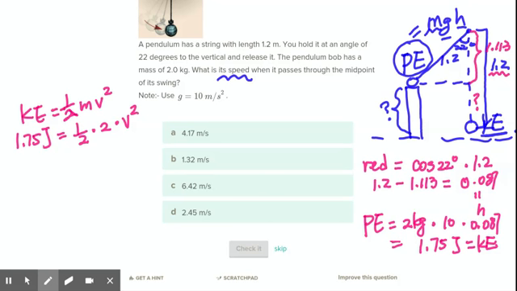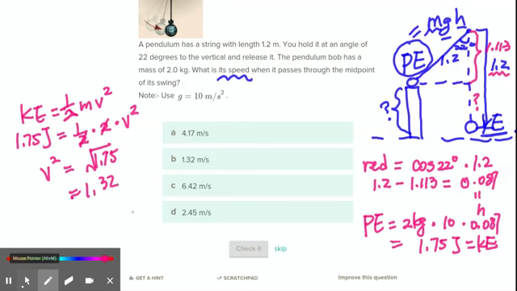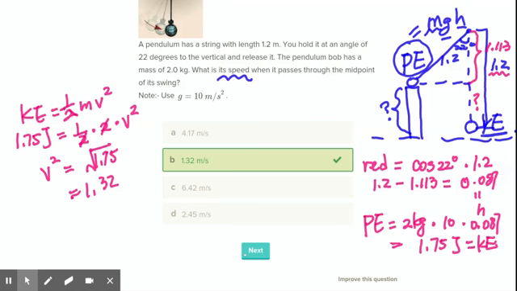And you do v squared is equal to 1.75, because the 2 and 2 here cancel out. So your v is equal to the square root, 1.32. Okay, and we can double check our answer. And that's correct.